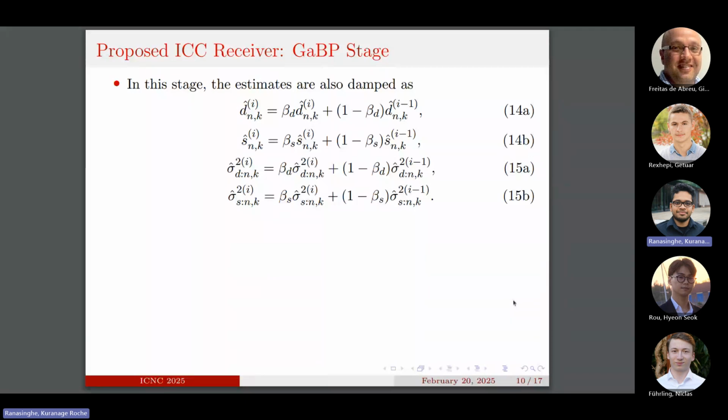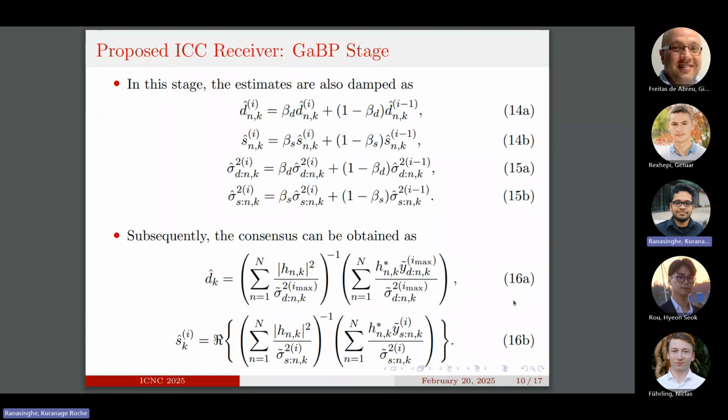We do this as typically done in belief propagation algorithms to stop iterations from converging to some local minima. After we do that, we can iterate through and obtain a consensus as seen in equations 16a and 16b to get the final results for dk and sk.